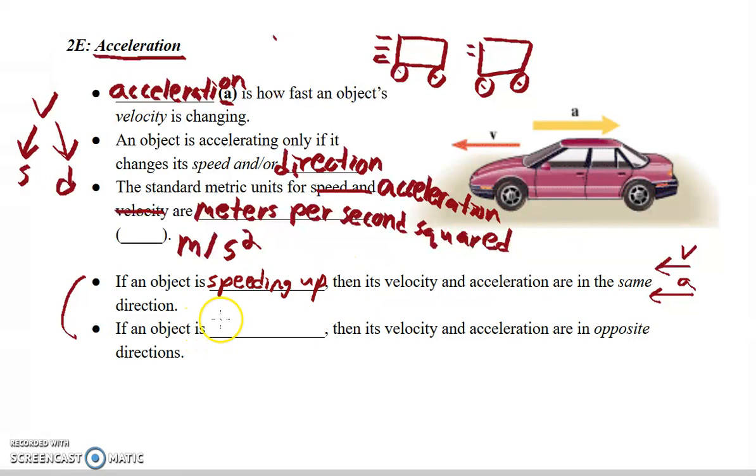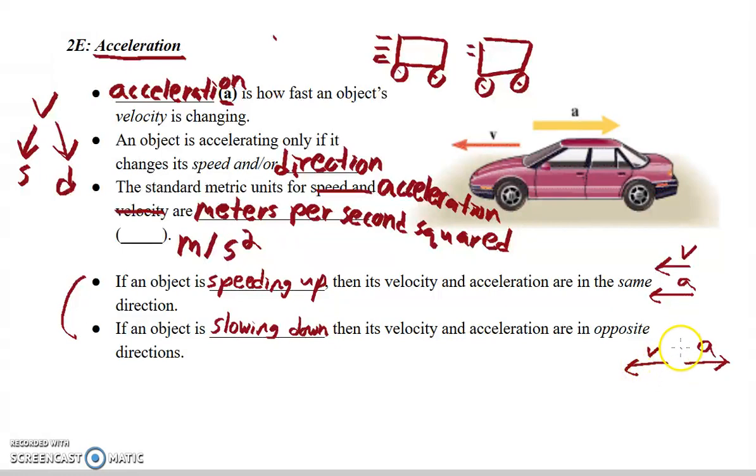The other thing is if we have an object that's slowing down, then its velocity and acceleration must be in opposite directions. For example, let's say the velocity is to the left again, but the acceleration is to the right, in the other direction.